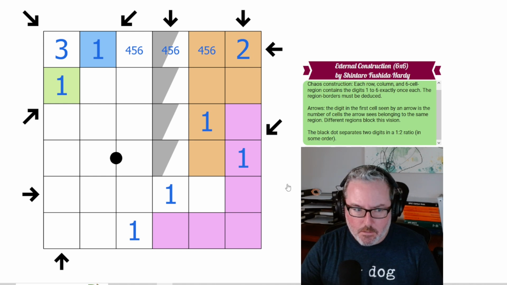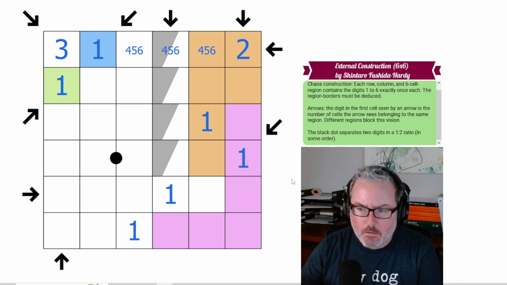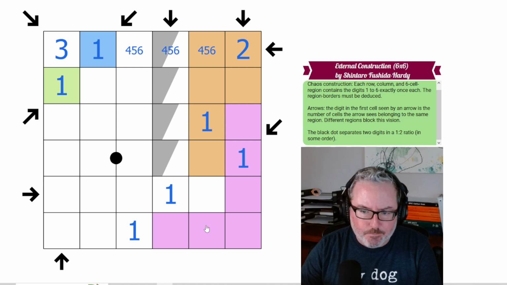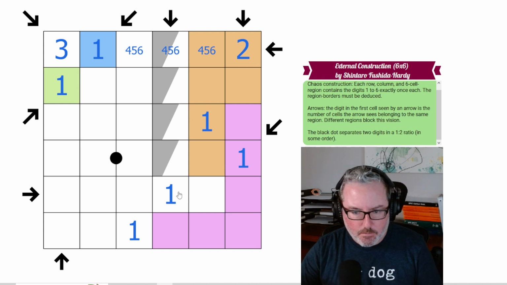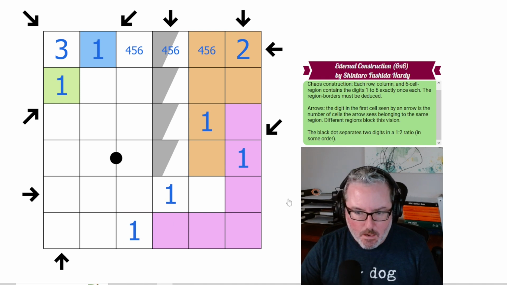But it does appear to be correct. That's interesting. Now, these must both be separate regions, because we can't repeat a 1 in a region, that's what I meant to say.